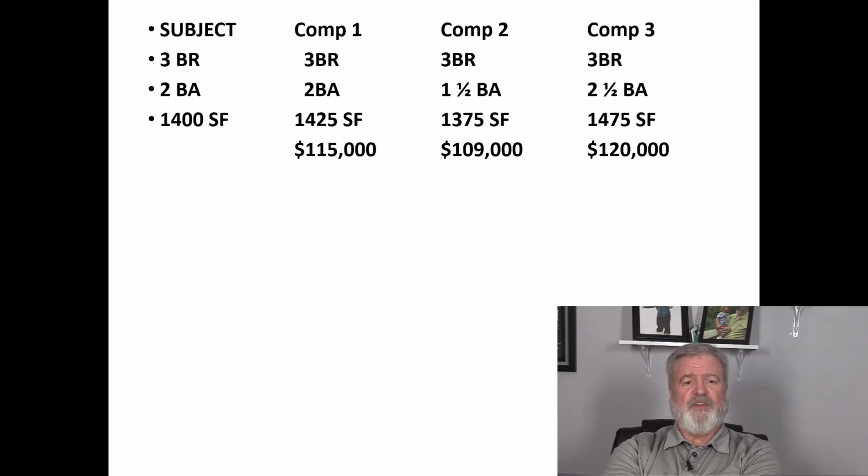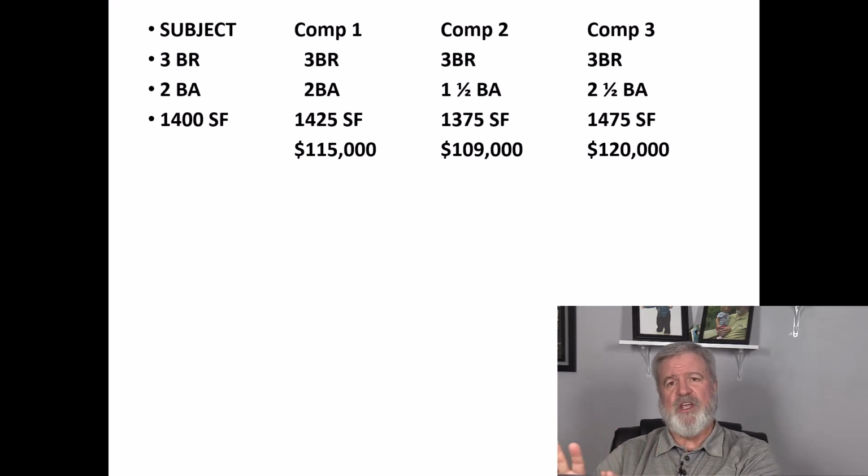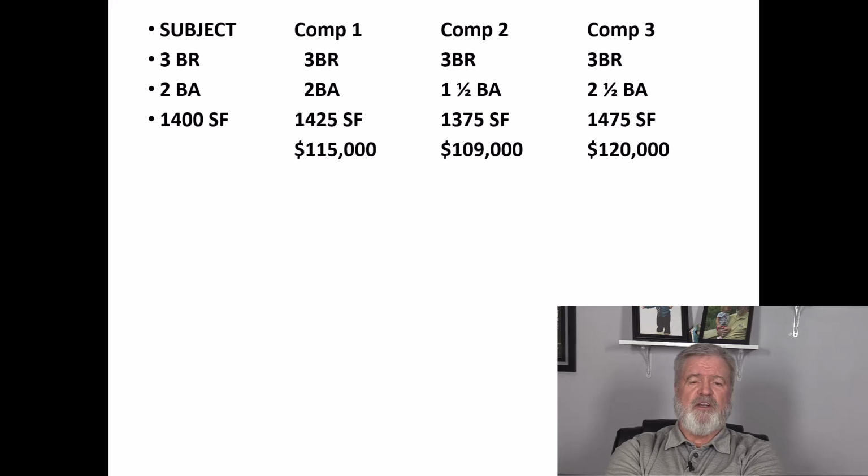We'll take the sales price of comp 1, which was $115,000, divide that by the square footage, the 1,425, and we come up with the price per square foot. You can't make adjustments based on that. Again, I'm not going to get into the weeds with you, but that's the price per foot.